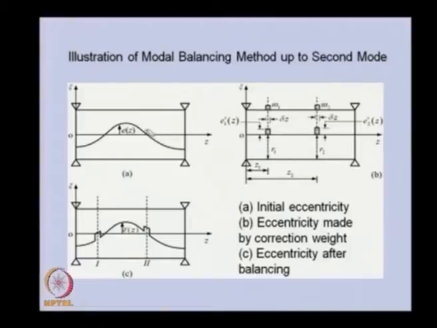So these steps correspond to the concentrated correction masses which we have kept. We are expecting that these two masses will balance the rotor up to the second critical speed. The meaning of that is that not only will it balance the first mode near the first critical speed, it will also balance the second critical speed, and our aim is to obtain M1 and M2. So now let us see how we can do this.